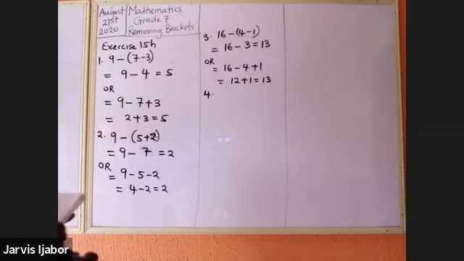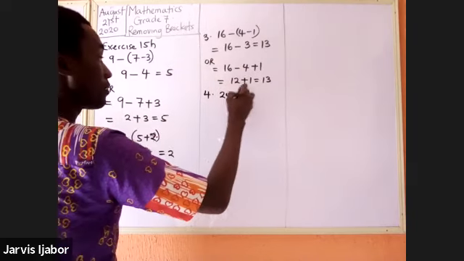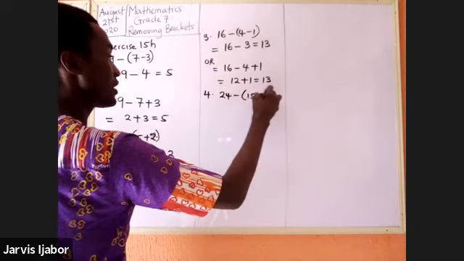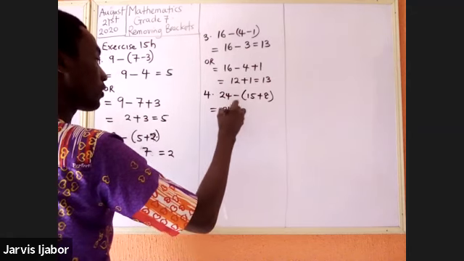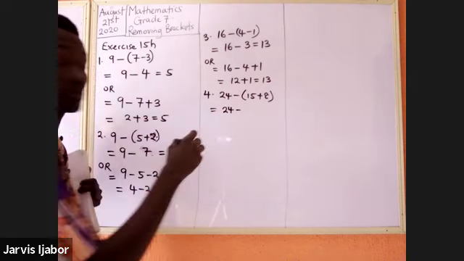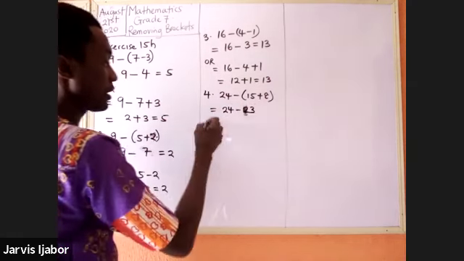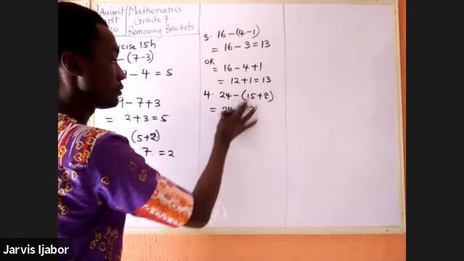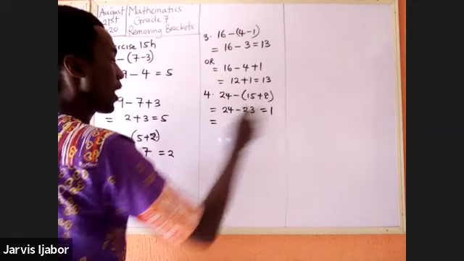In question 4 rather, we have 24 minus, in brackets, 15 plus 8. So this will be equal to 24 minus, bracket open, or minus what? 23. And that will give you what? 1.